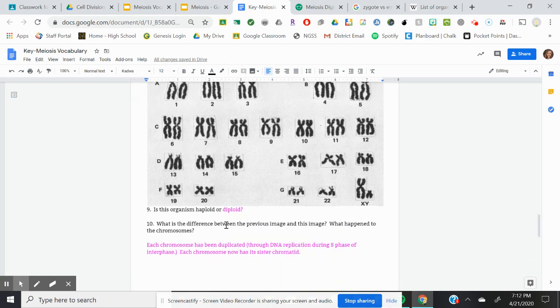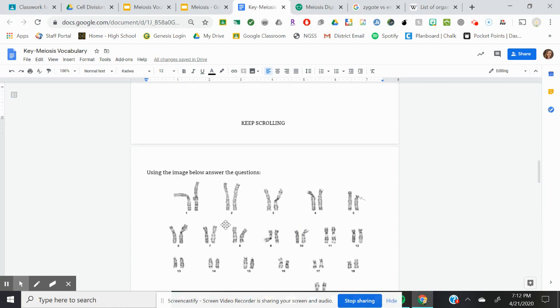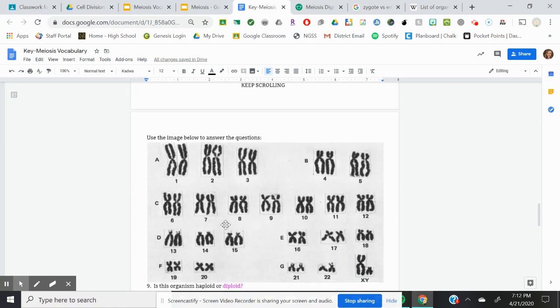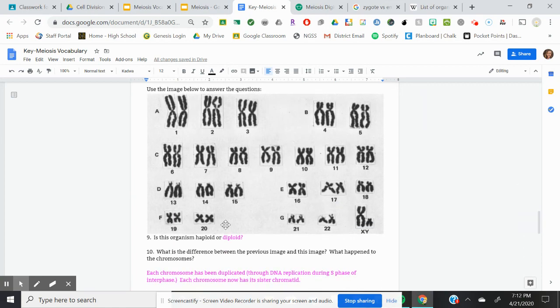Now this one looks different. If you look at this karyotype versus this karyotype, the difference is that these have been duplicated. So these chromosomes underwent S phase of interphase. They got duplicated through the process of DNA replication. Remember helicase and DNA polymerase, adding the nucleotides, that whole process that we learned at the beginning of remote learning.